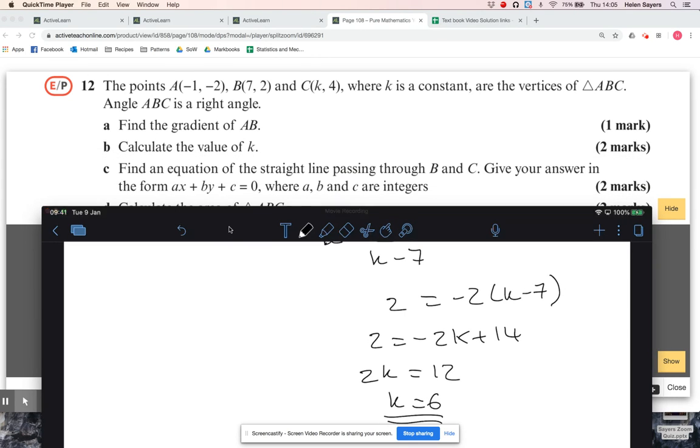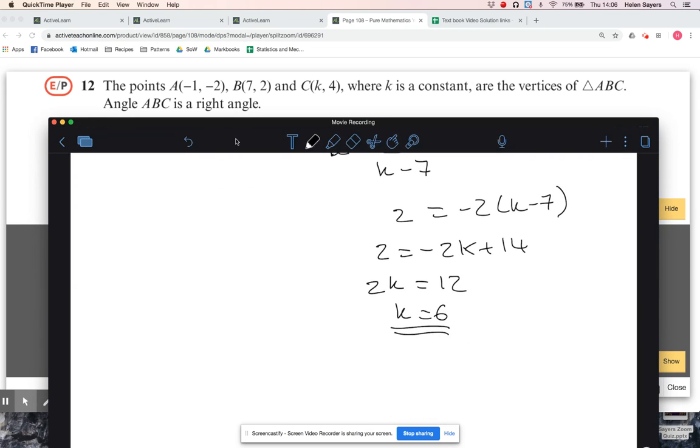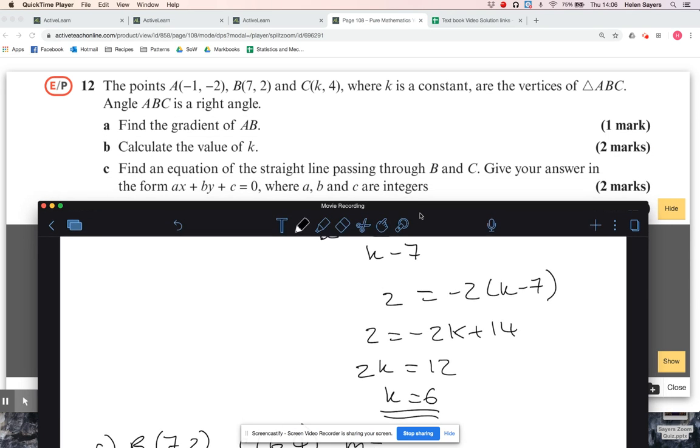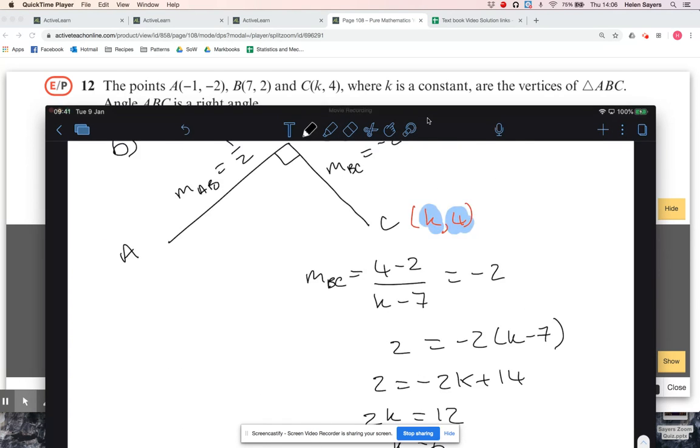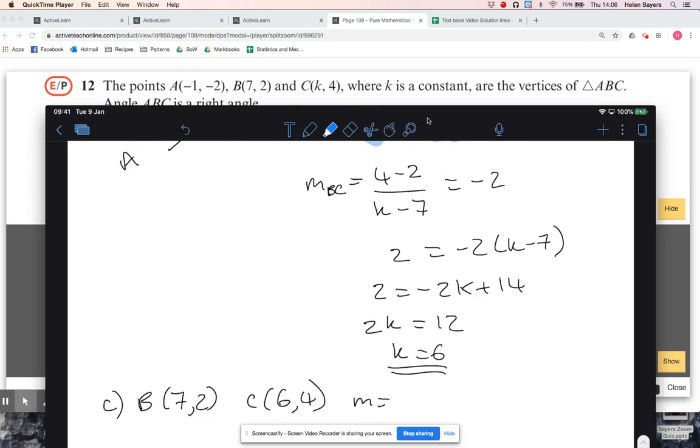Form an equation of the straight line passing through B and C. Now we've got K, that's not a problem. B I was given in the question, that was 7, 2. C, to be honest, I don't really need coordinate C, but I'll write it, because I think we might need it for the last bit. We've already established that the gradient of the line through B and C is minus 2.